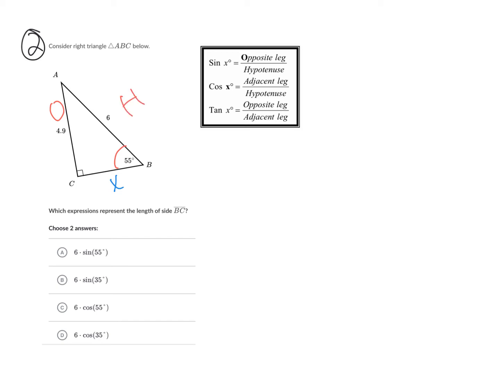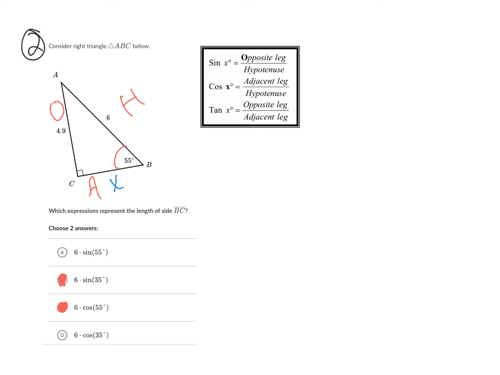And we see sine is not going to work with 55 because opposite is the AC side. Cosine of 55 would use the adjacent. So cosine of 55 is going to work, which would then mean that sine 35 would work.